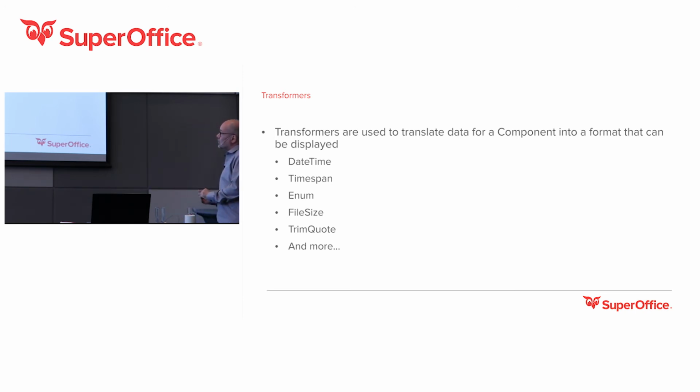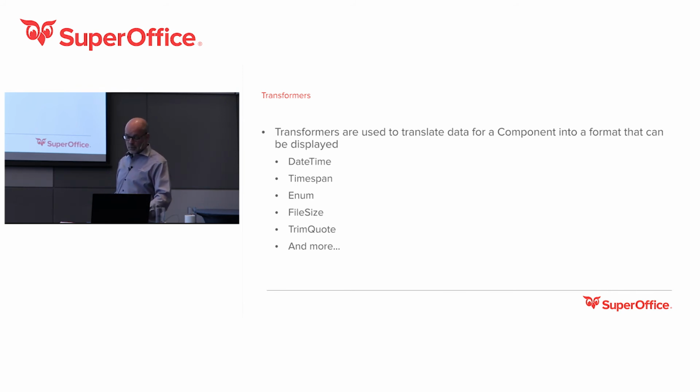We have something called transformers that is used to translate data for a component. Sometimes you get the data in a different format from what you want to display, like what you get from the server is not what you want to display. So we have added some transformers, and we usually use them for date time and time spans and stuff like that.